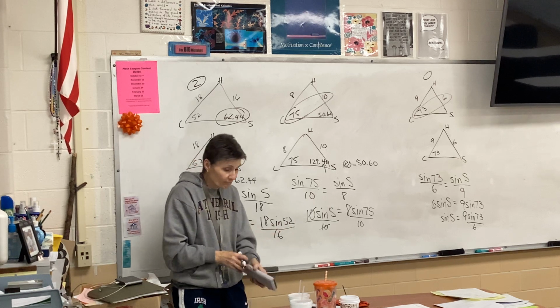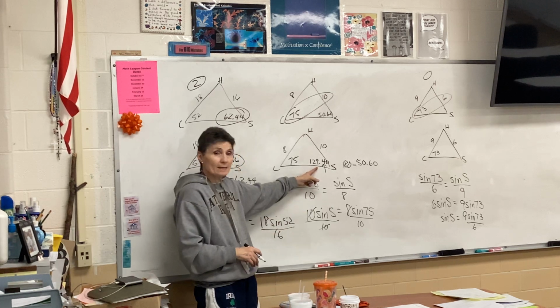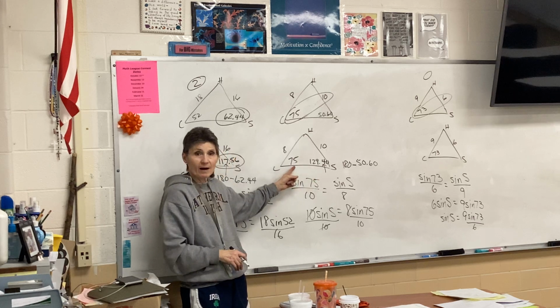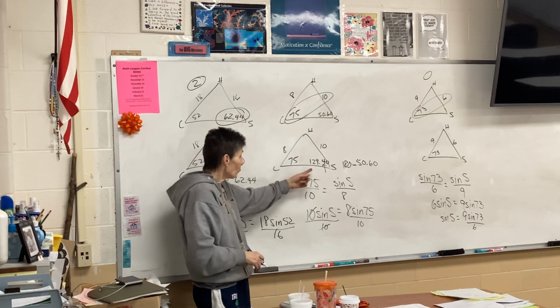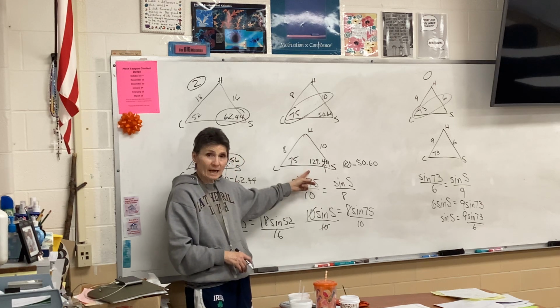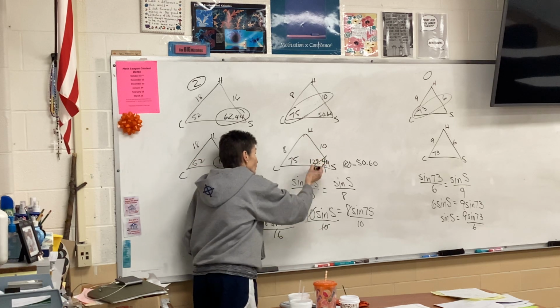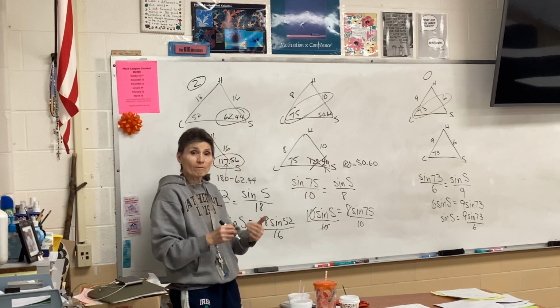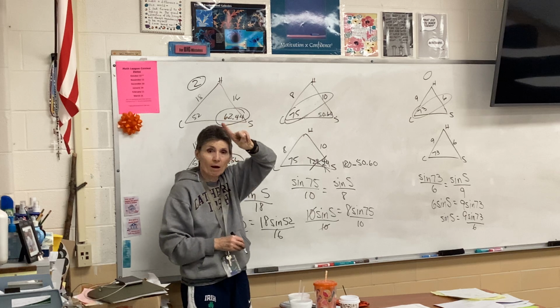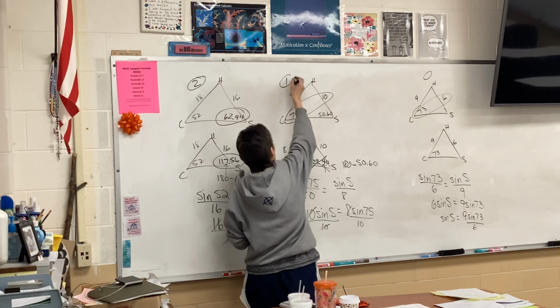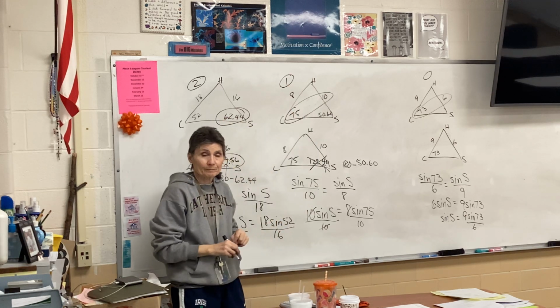Can you have 129 and 75 in the same triangle? No. That won't work. That makes more than 180. So that angle doesn't work. Therefore, there is only one angle that works, so this problem has one possible solution.